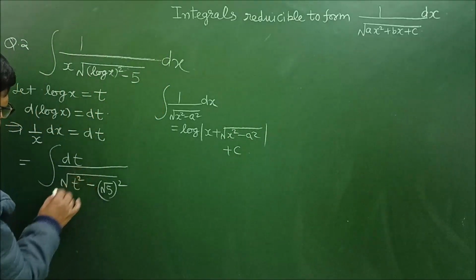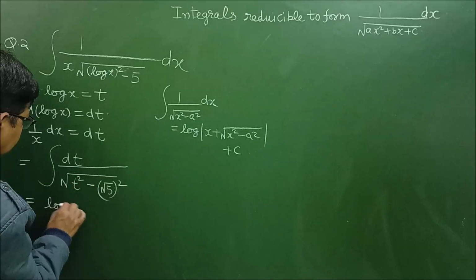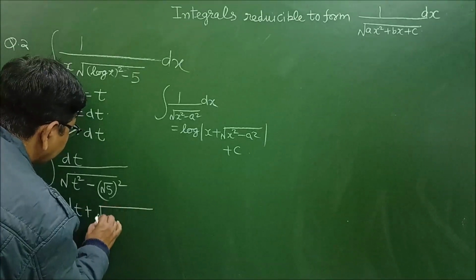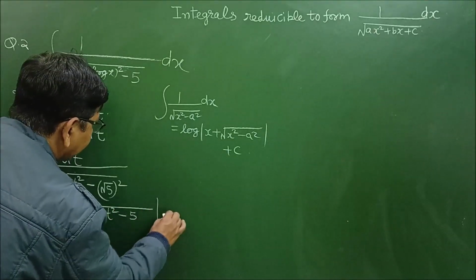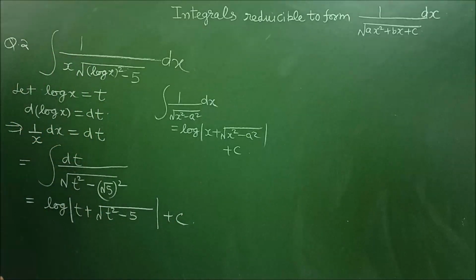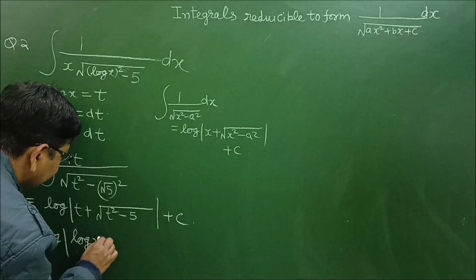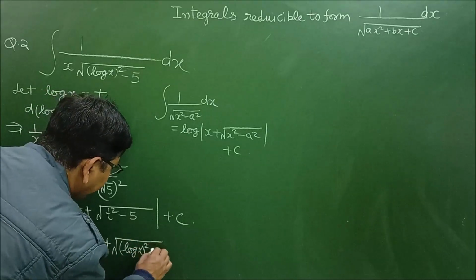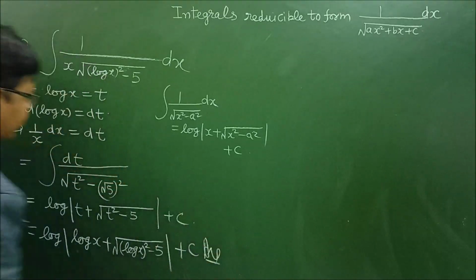So this is equal to log mod of t plus under root of t square minus 5, plus c. Now putting the value of t, which is log x, this is equal to log of mod of log x plus under root of (log x) square minus 5, plus c. So this is the final answer of this question.